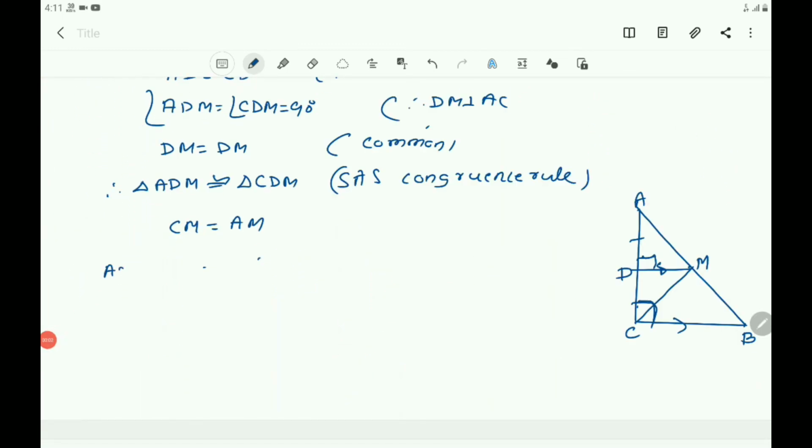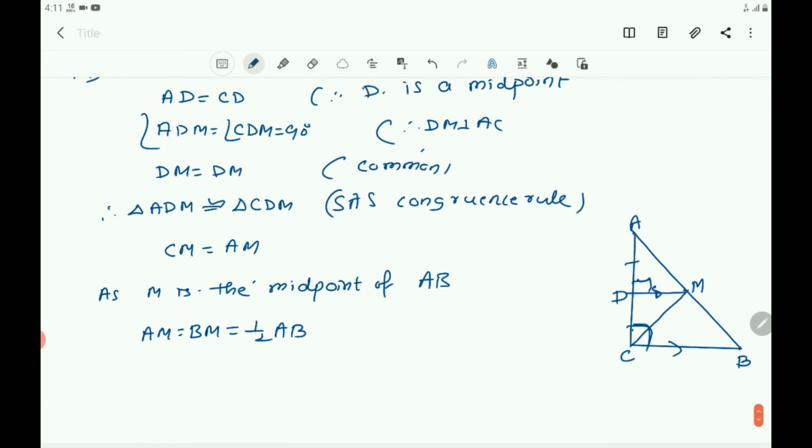As M is the midpoint of AB, it is given. You know that AM equals half of AB, that is both AM and BM are half of AB. You write AM equals BM equals half of AB.